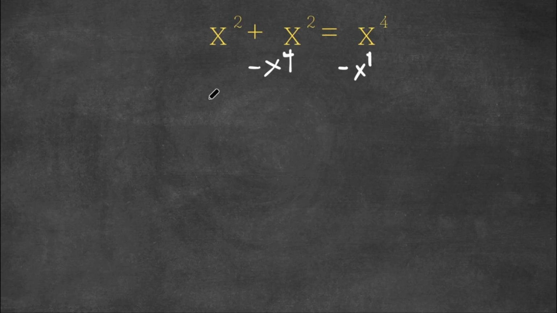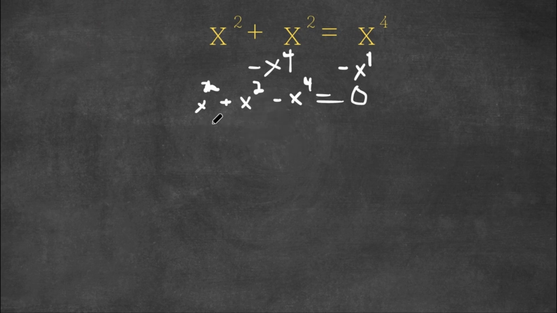So now we have x squared plus x squared, or sorry, minus x to the power 4, is equal to 0.